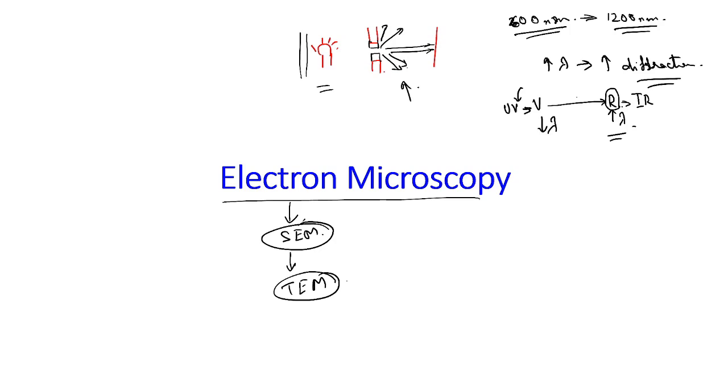If you want to get to the 700 or 800 nanometer scale, you can use scanning electron microscopy. However, if you come below this, around the 100 nanometer size range, then it is better to work with transmission electron microscopy.